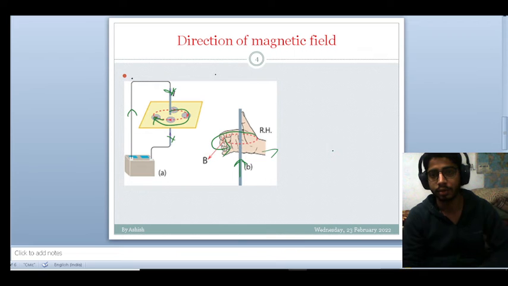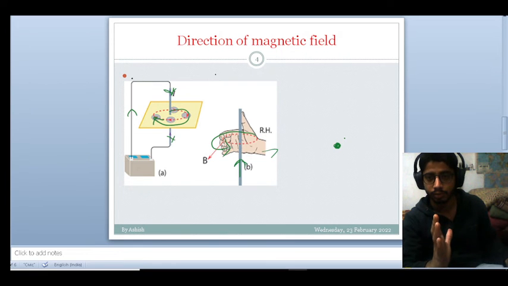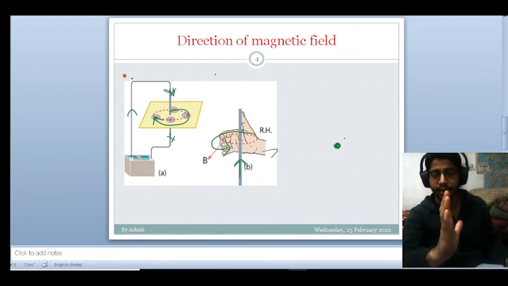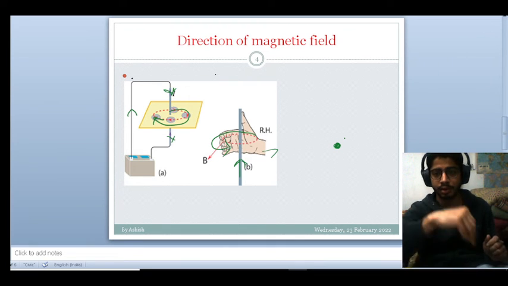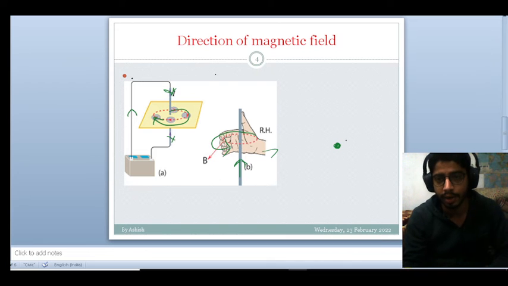Let us do some experiment. If the current direction is towards you, out of the screen, can you point the direction of the magnetic field? Point your thumb towards you, out of the screen, and curl your fingers. This will give the direction of the magnetic field.